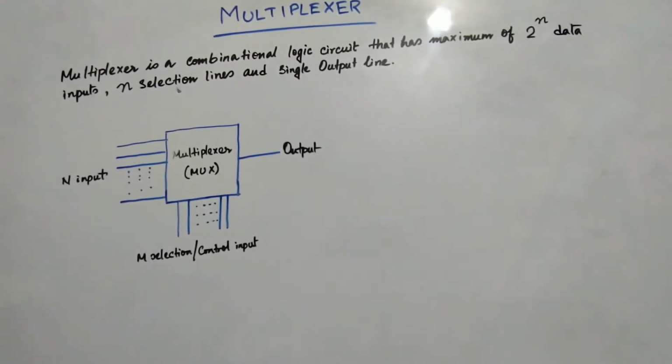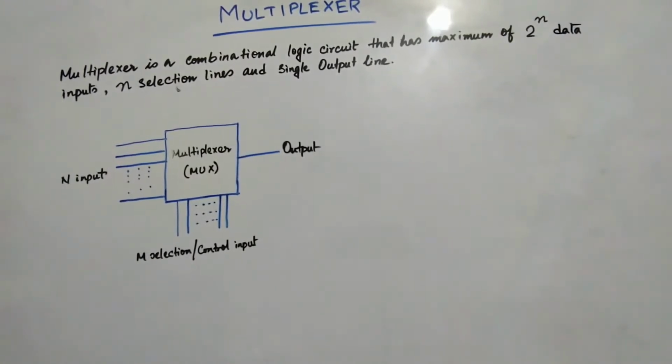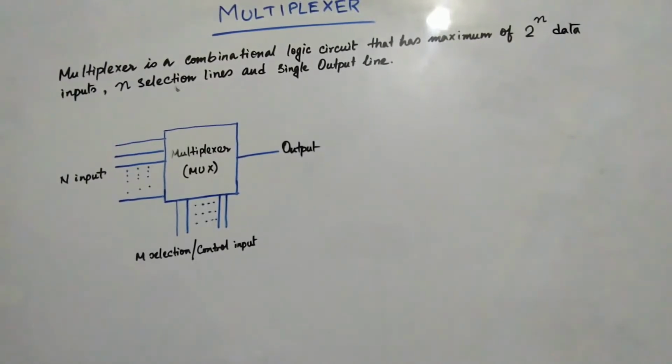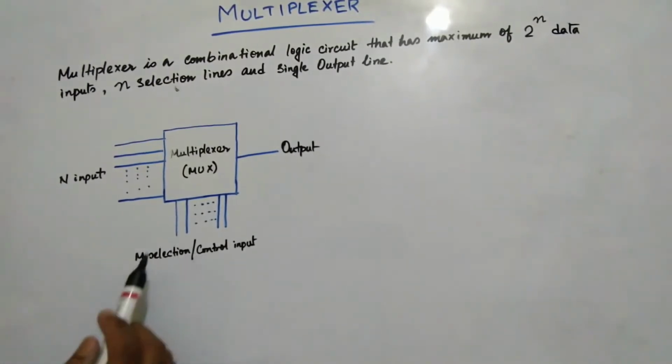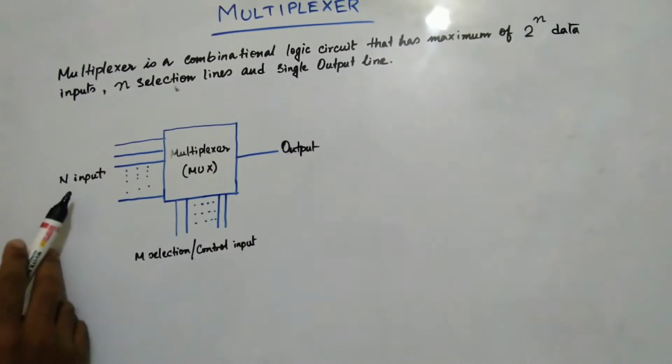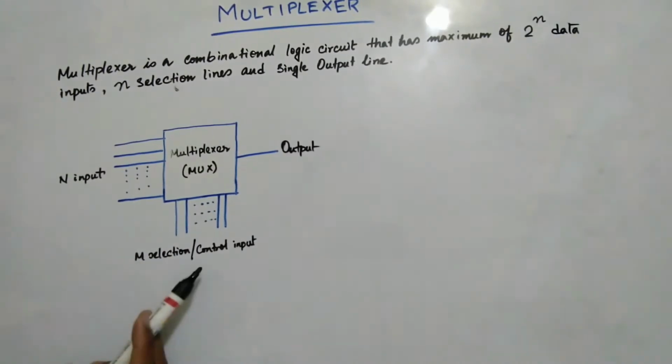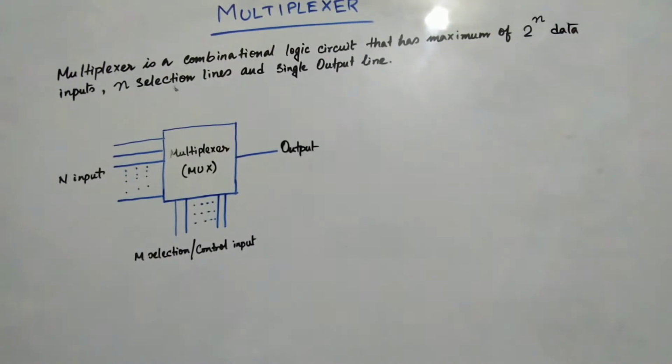So multiplexer is a combinational logic circuit which has maximum of 2 to the power n data input lines, having n selection lines and a single output line. One of these data inputs will be connected to the output based on the values of selection lines. So this is the block diagram of a multiplexer having n input lines, m selection or control lines and one output line. The multiplexer is also known as mux.